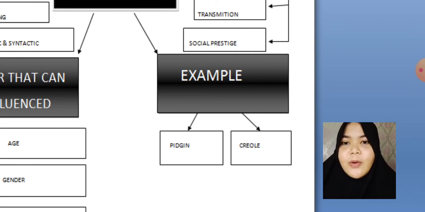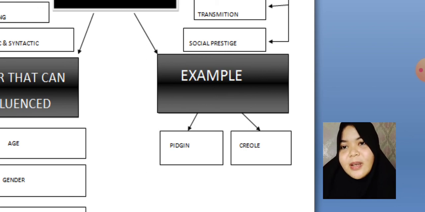So Creole can be said to be a new language, while pidgin is not, because it doesn't have standardization. The example for Creole is Jamaican Creole.